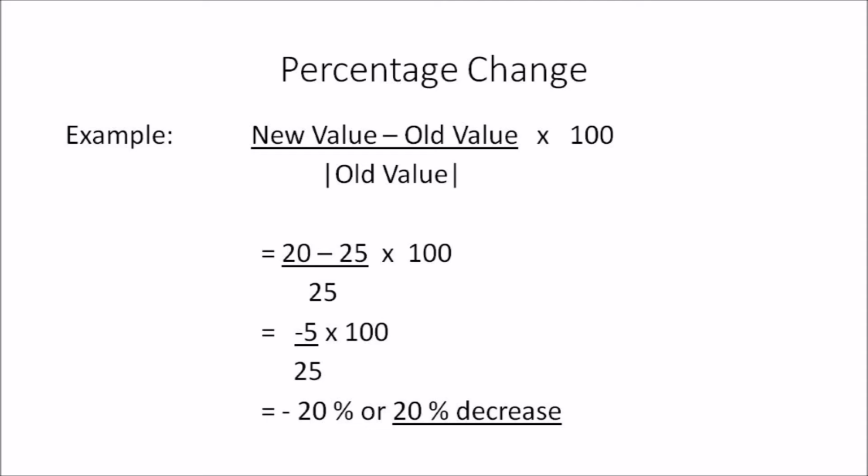So negative 20% in other words means there was a decrease by 20%. Because obviously you had 25 lollies on one day, and then the next day you had 20, so obviously decreased by 5 or by 20%.